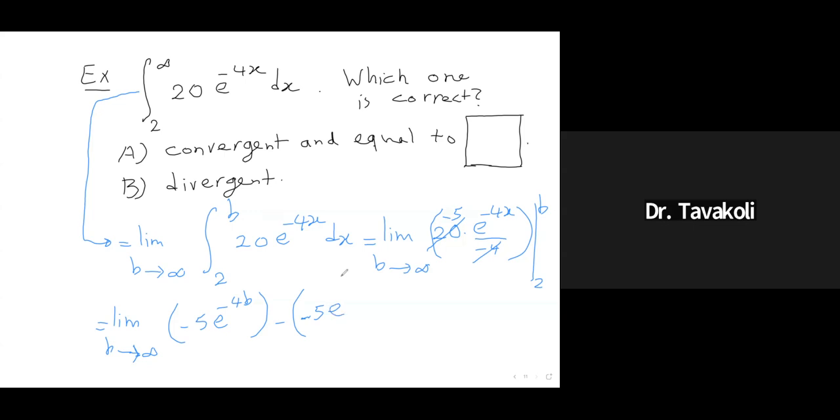Minus 4 times 2 is minus 8. Now let's discuss the first parenthesis. As b tends to infinity, what happens to minus 4 times b? Minus 4 times b becomes minus infinity. And remember that e to the power of minus infinity is 0. So the first parenthesis is just 0.